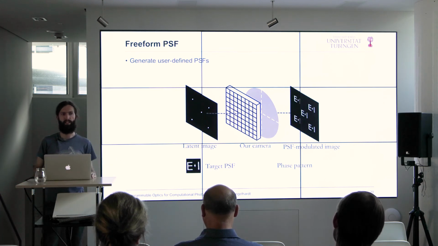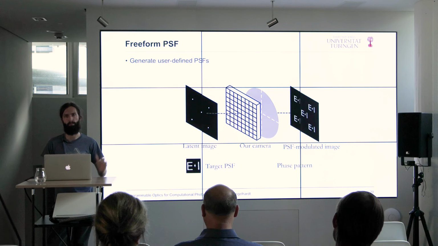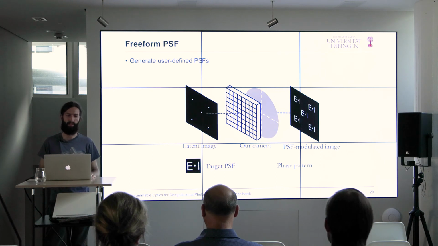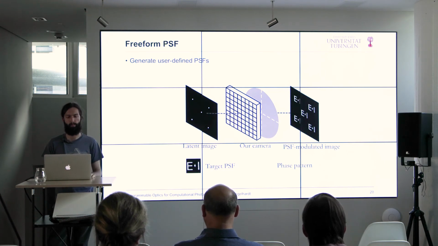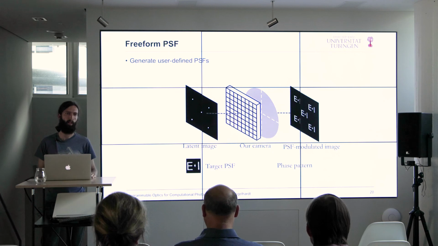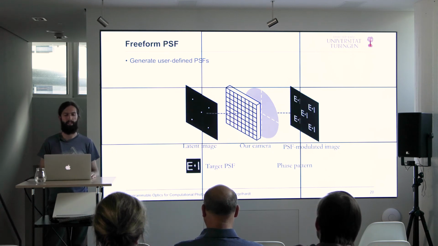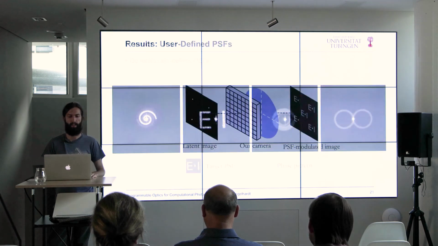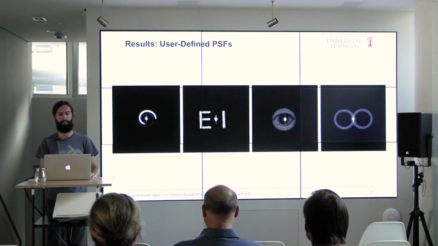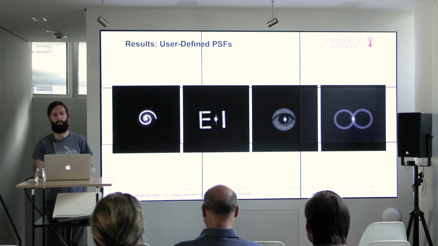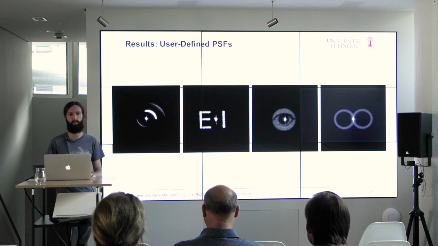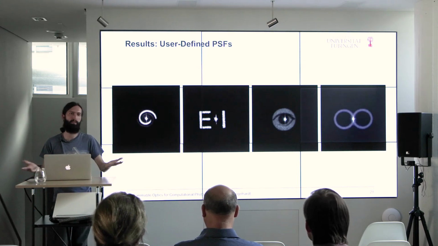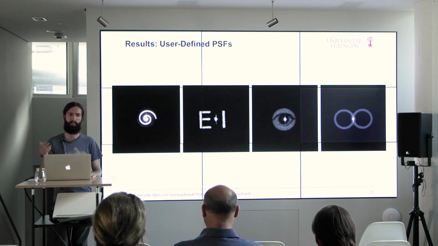So we have a lens model, like a simplified optical model for our SLM, for our phase coding, and then we have some target image that we want to show at the sensor plane, and then we can optimize for a phase pattern that actually leads to this one. There might be multiple solutions, but we can get one, and by this one, we can then generate this kind of shapes. For example, even an animation of the PSF is possible since we have basically a display device that has a refresh rate of 60 Hertz.